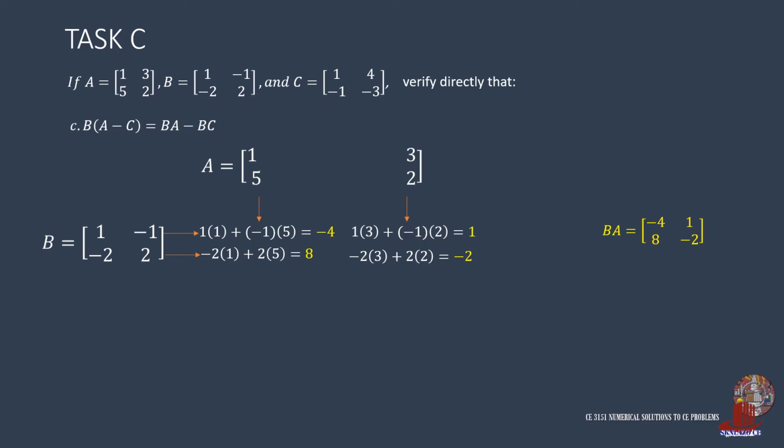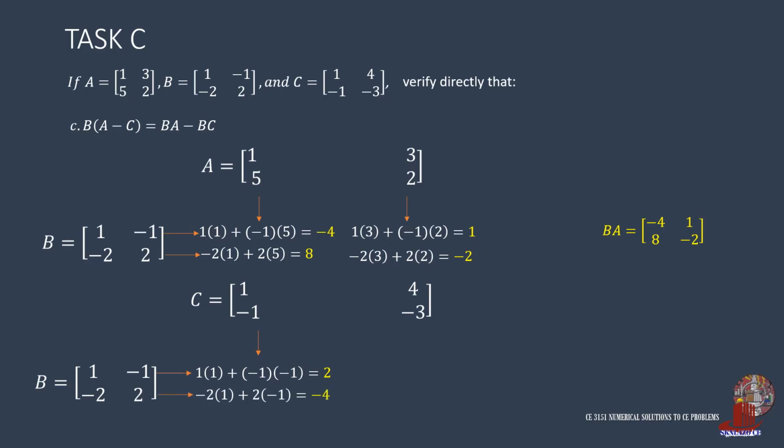Proceed to determine the elements for matrix BC through multiplication again. So row 1 with column 1 has 1 times 1 plus negative 1 times negative 1 giving 2. Row 2 with column 1 has negative 2 with 1 plus 2 times negative 1, and that gives negative 4.